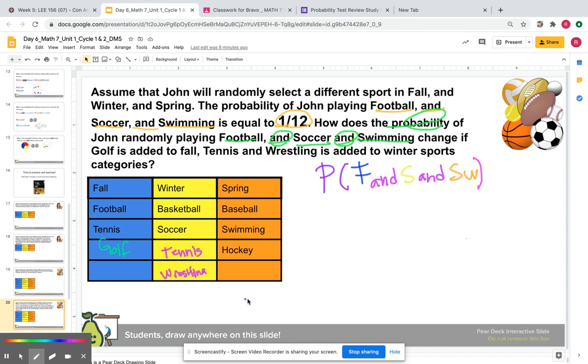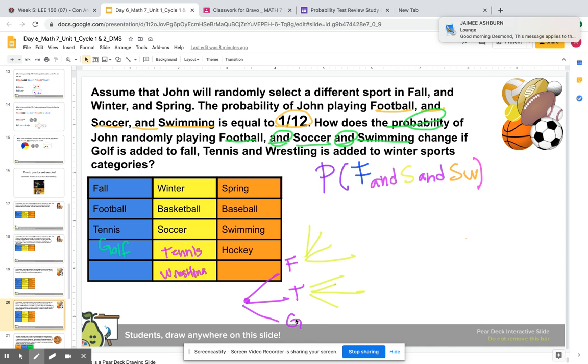Just like every tree diagram we started, we branch out 3 because there's 3 options: football, tennis, and golf. Within those branches, we branch out again. This time 4 branches for each of these options. You guys should be seeing that this is getting really, really messy.